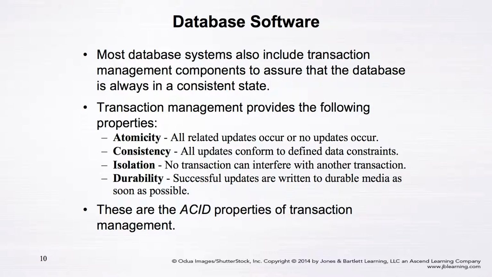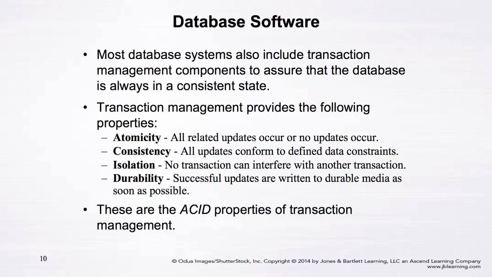Also, most database systems include a transaction management component to assure that the database is always in a consistent state. Basically, transaction management provides the following properties. First one is atomicity: all related updates occur or no update occurs. The second one is consistency: all updates conform to defined data constraints.